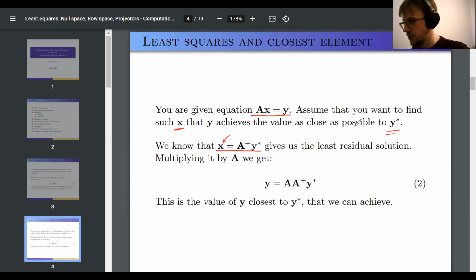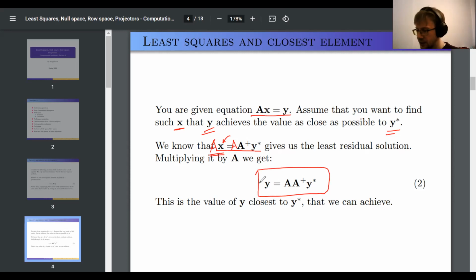So that is a solution to this original problem, right? But let's say we wanted to see what is this y that is as close to y star as possible. Well, we just multiply both sides by A, right? So we multiply it by A here, by A here, and this is just y, and we get this equation.